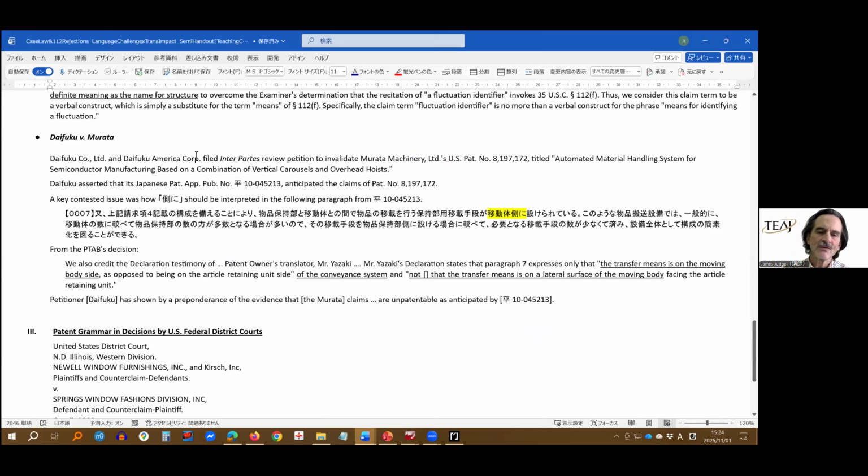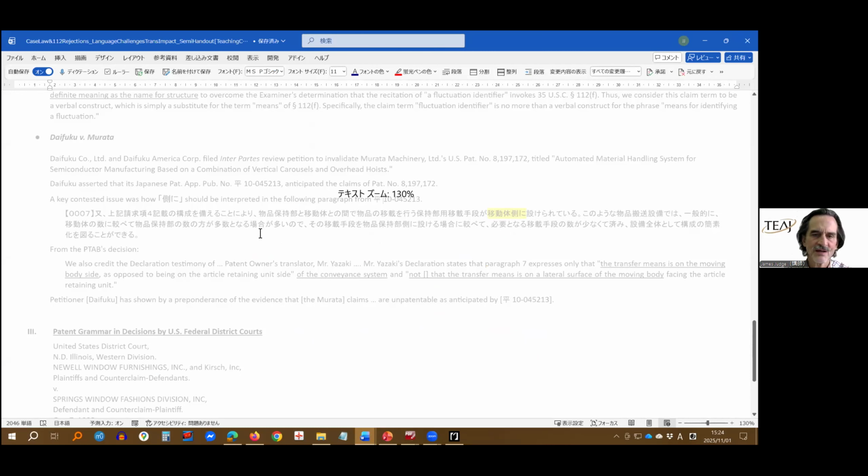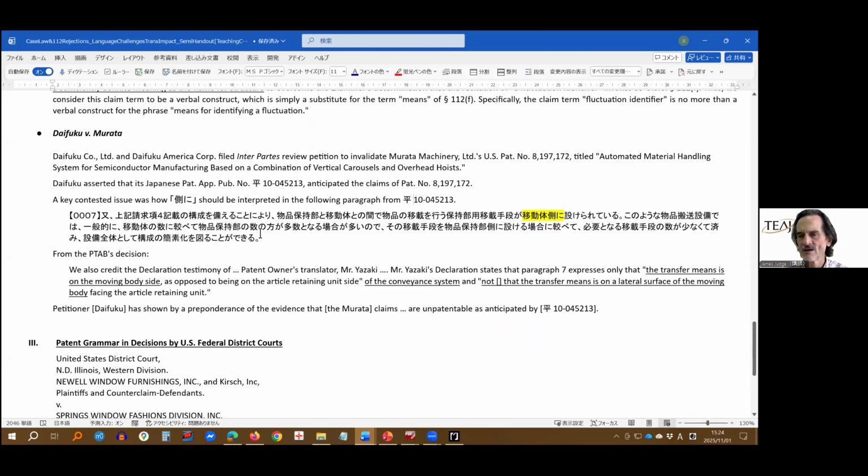So that's basically what's going on. But what I think was very interesting about this case in terms of a translation issue is that Daifuku referred to paragraph 7 in particular, and within paragraph 7, the key phrase was this: Ido tai gawa ni mukerareteru.